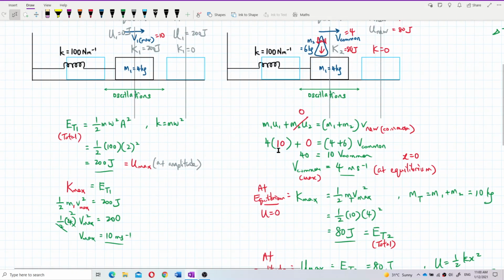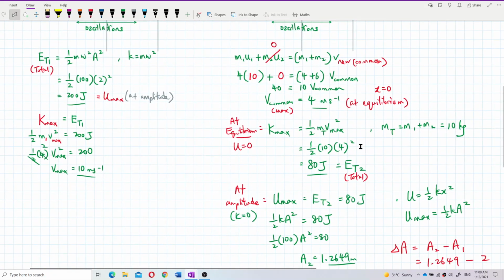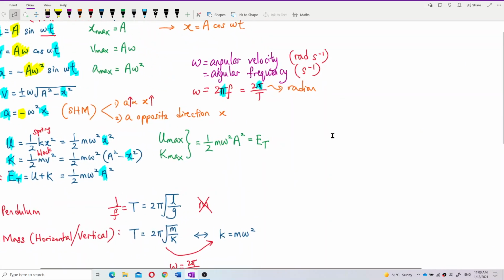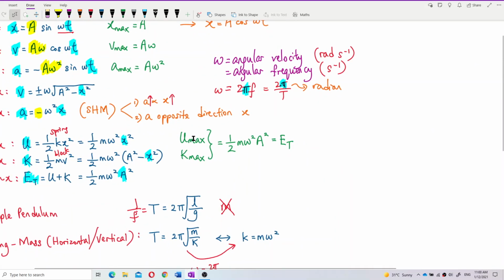We use conservation of linear momentum to find the common velocity, and the rest is all the formulas. Remember the maximum kinetic energy is always the total energy. Same goes for the maximum potential energy, also the total energy. Remember this one: the Umax or Kmax is always the total energy, half m omega square A square.